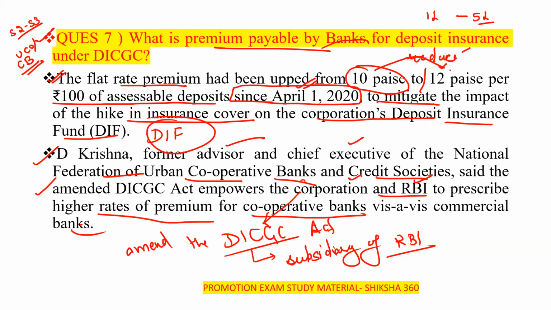On the website you will find how much amount they give to cooperative banks on their failure, which we will discuss later as required. But from the examination point of view, this is important. Please remember that the premium is 12 paisa per rupees 100. This is the amount the banks have to pay to the organization.